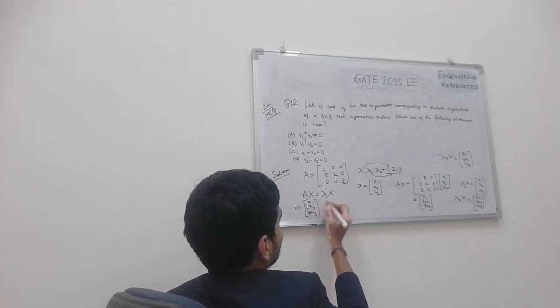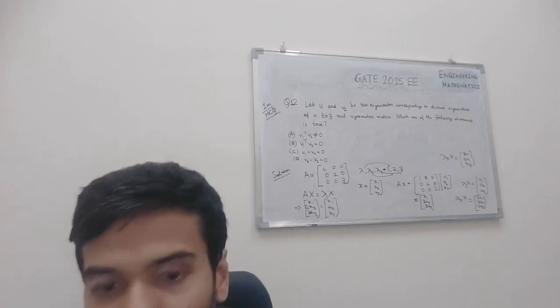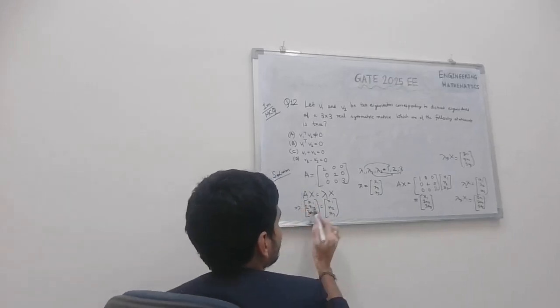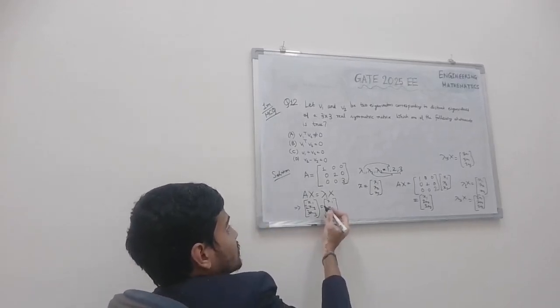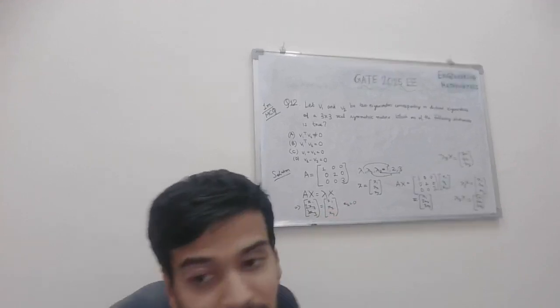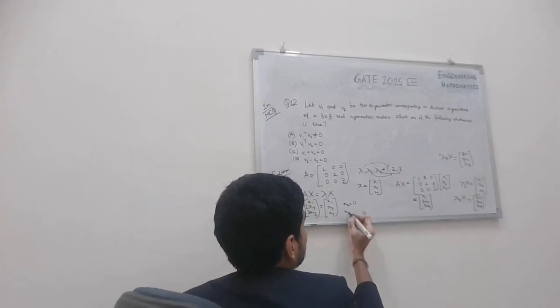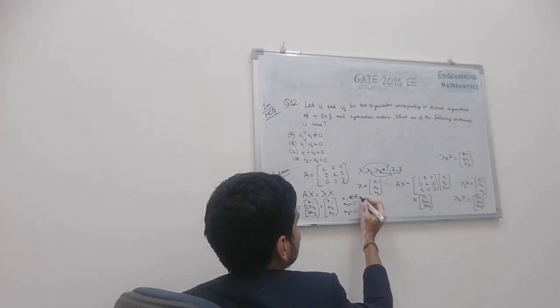Comparing the components on both sides, 2x2 equal to x2 and 3x3 equal to x3 means x2 equal to 0 and x3 equal to 0, and x1 can be anything. So the corresponding eigenvector is here.